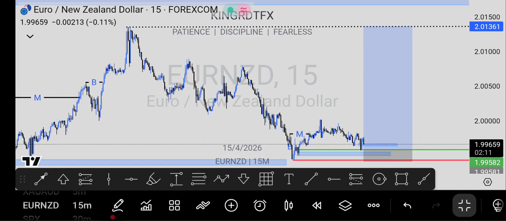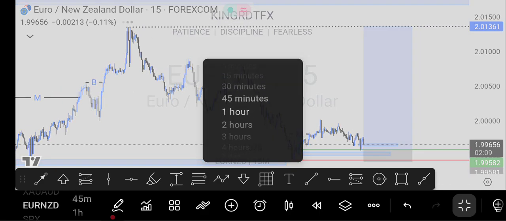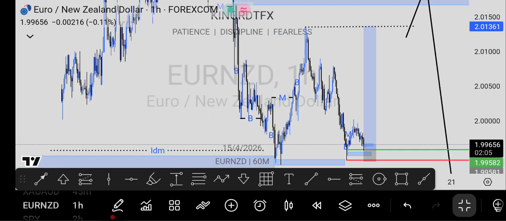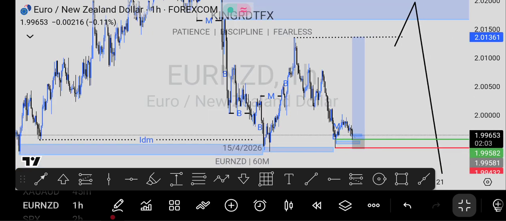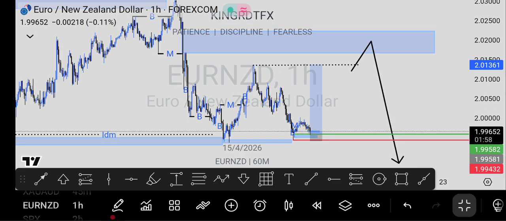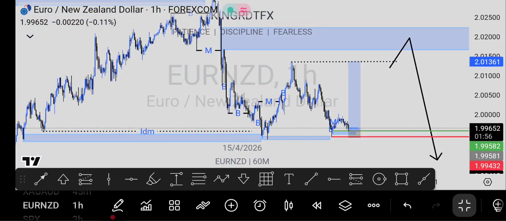I'm gonna wait for it, and then y'all know we're still waiting for this one, right? We're still waiting for a sell. Don't forget, we're still waiting for a sell here.